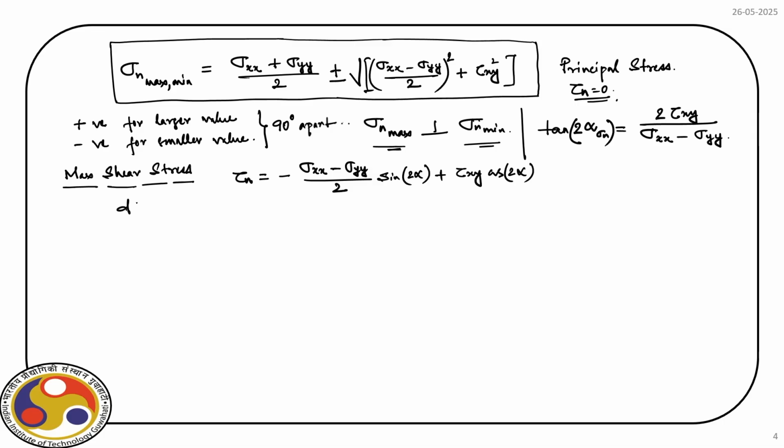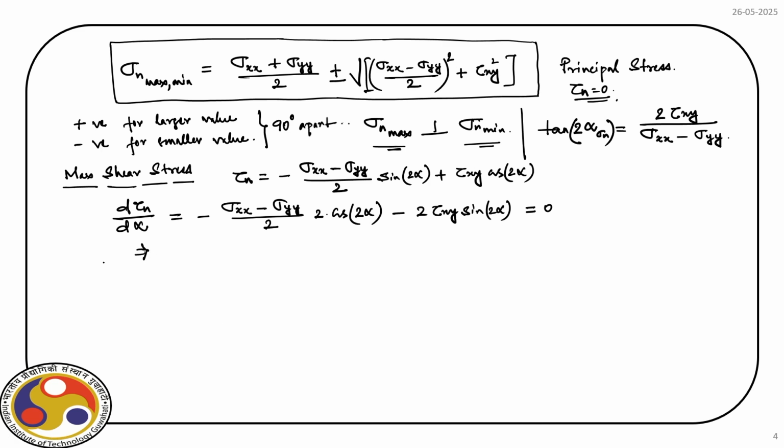So, if we differentiate this tau n with respect to alpha, what we get is minus sigma xx minus sigma yy by 2. We differentiate sine of 2 alpha, so we will get 2 cosine of 2 alpha, plus 2 tau xy sine of 2 alpha, and there will be a negative sign. So, ultimately this will be minus. Now, equate this to 0.